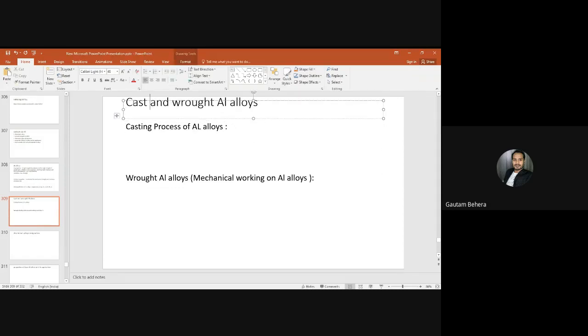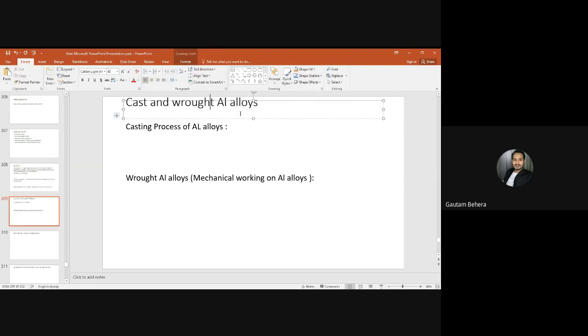Then cast and wrought aluminum alloys. Aluminum alloys can be cast aluminum alloys or wrought aluminum alloys. That means some aluminum alloys have very high castability, very high flow nature. So they can be converted into complicated shapes.